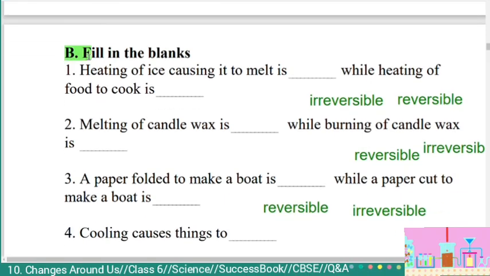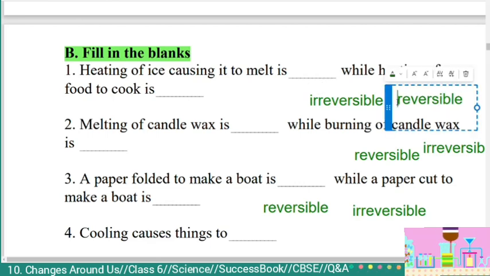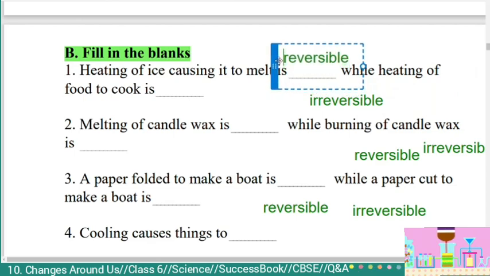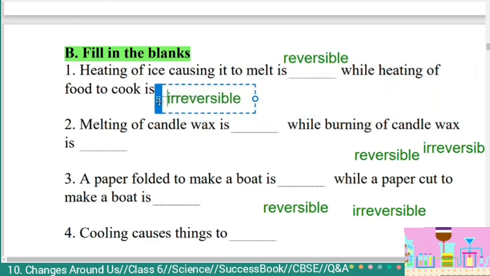Second main, B, fill in the blanks. In that first one, heating of ice causing it to melt is dash, while heating of food to cook is dash. Here the correct answer is heating of ice causing it to melt is reversible, while heating of food to cook is irreversible.